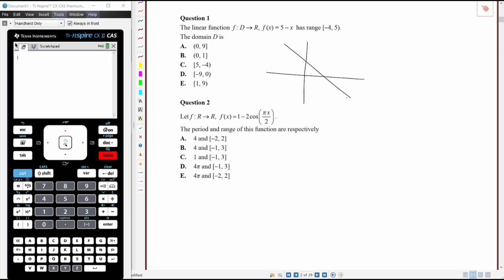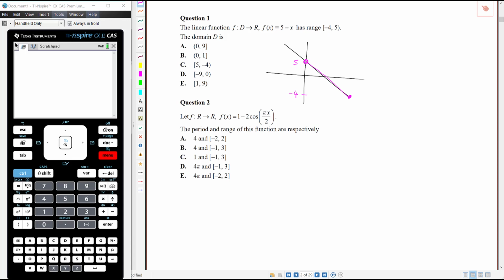The range is from -4 to 5, so we must be talking about not including one end and including the other. -4 is included in the range, but 5 is not included in the range.